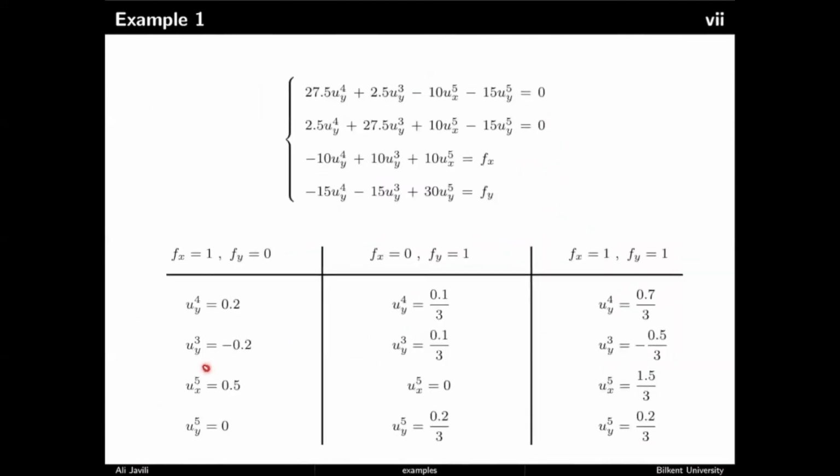Now, if you have the other case where fx is 0 and fy is 1, what happens? u4 and u3 in the y direction are equal. u5x is 0, and u5y is 2 times those, basically.